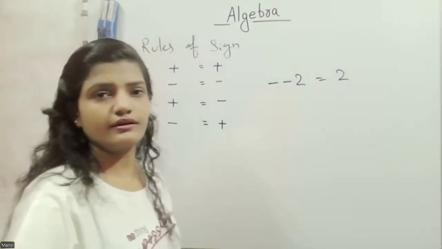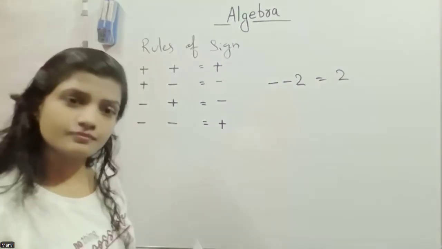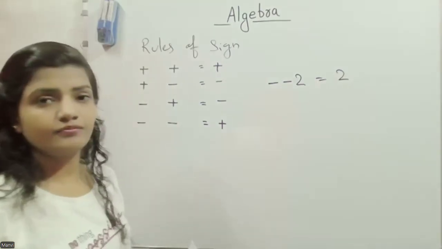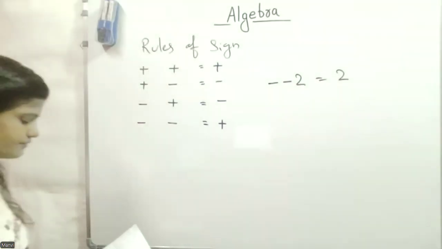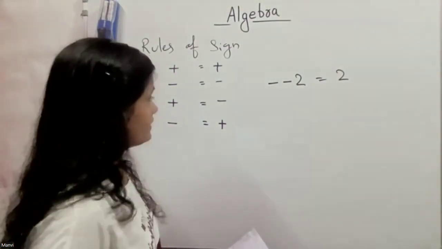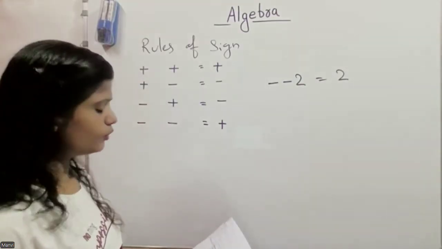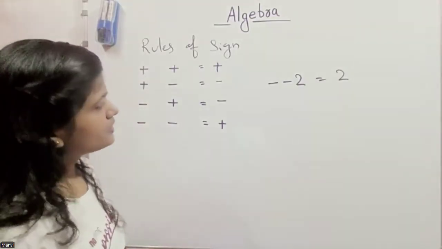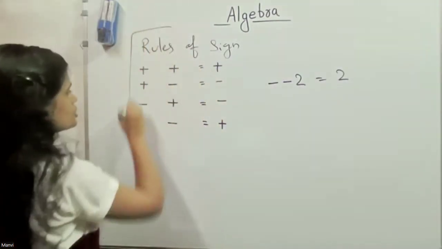So if both signs are the same, then it always has to be positive. When we have both signs the same, we always put positive. Good.